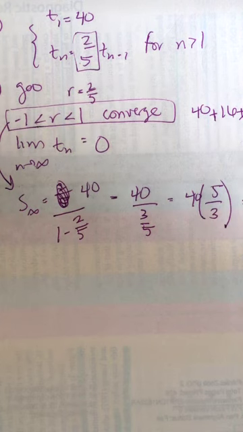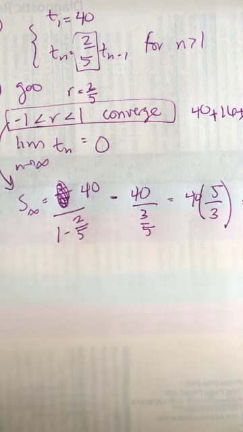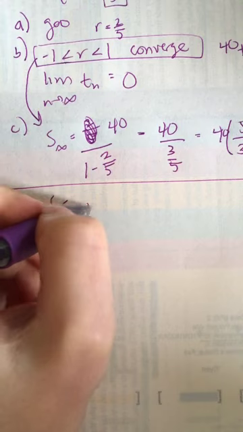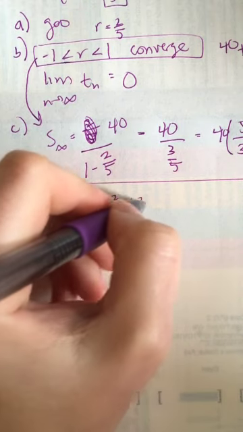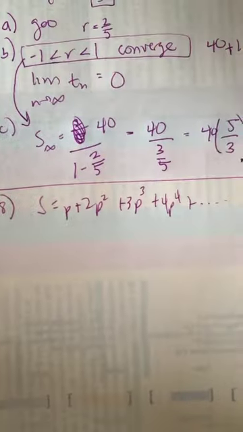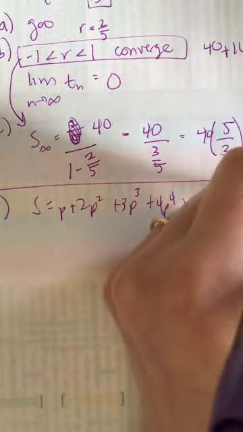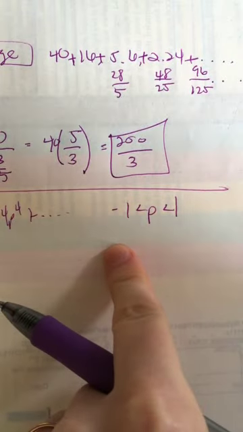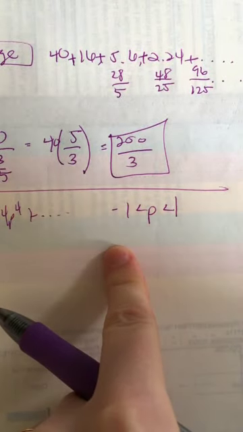If you looked at the key, I did write down all the fractions and all the equations, but the main thing is you're given S equals p plus 2p squared plus 3p cubed plus 4p to the 4th, and we know p is between our range that we like, -1 and 1. We know it's either a fraction or 0.